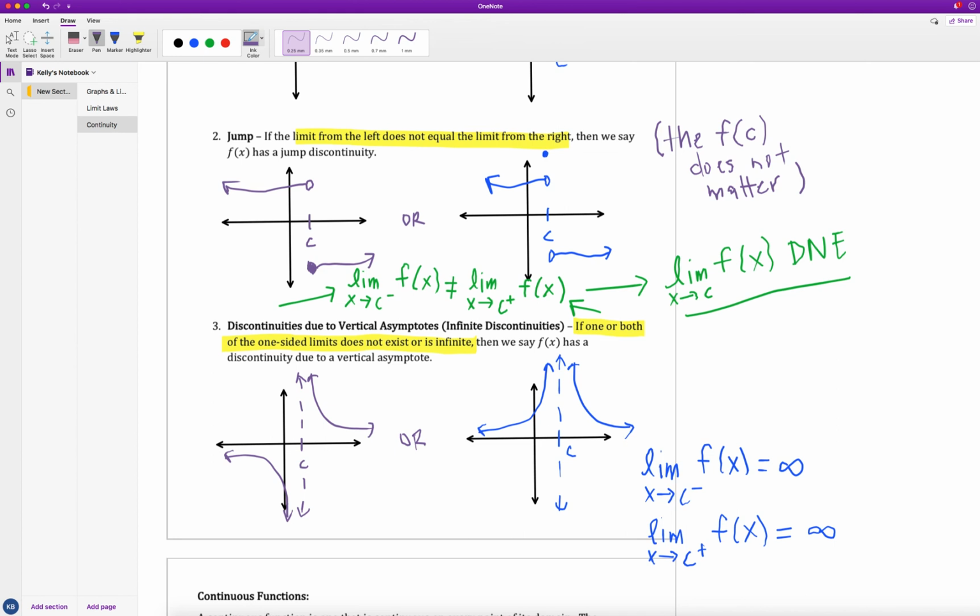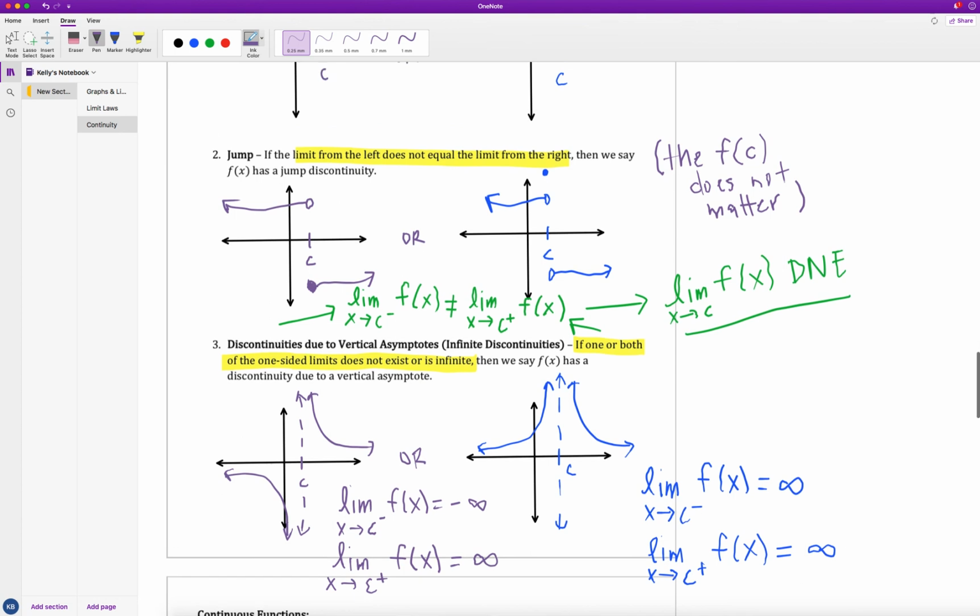On this first graph that we had over here, if we were going to justify it using notation, we would say the limit as x approaches c from the left of f of x is equal to negative infinity. That would be enough to justify it, since that graph is going down towards negative infinity on the left-hand side. Or if you prefer, we could say the limit as x approaches c from the right-hand side of f of x equals positive infinity in this case, since that's going upwards.